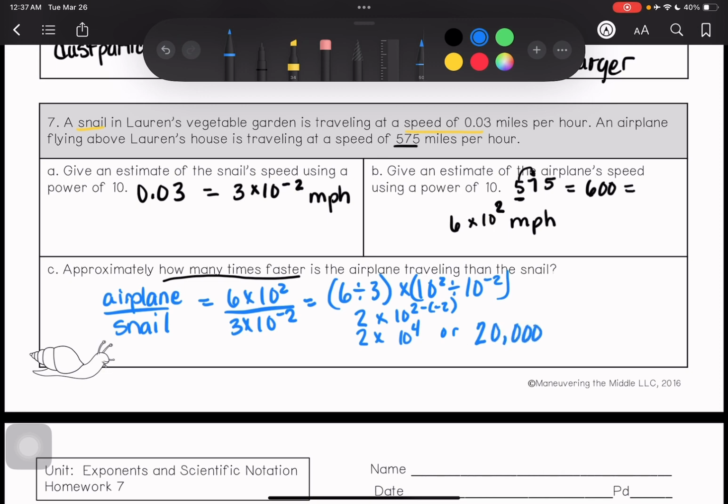The airplane is traveling 20,000 times faster than the snail.